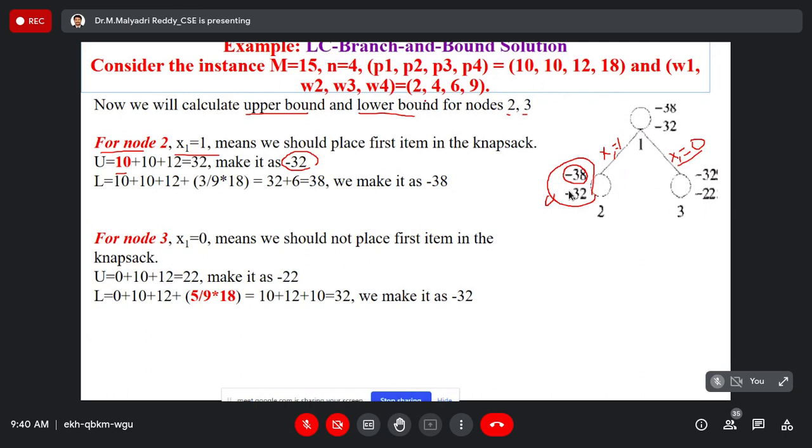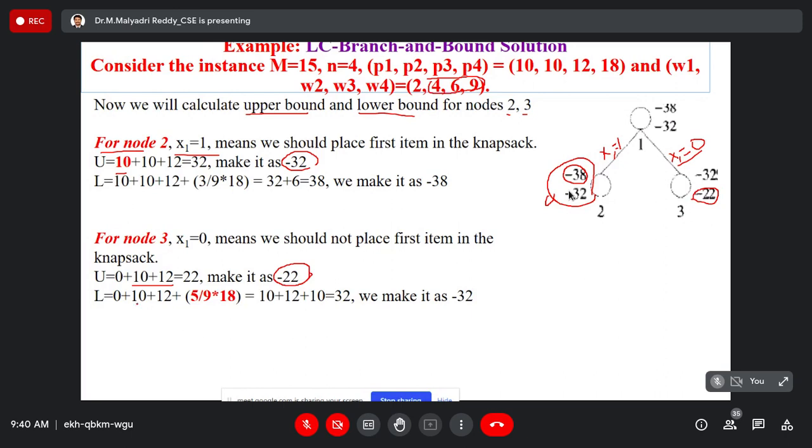The third object is not possible to include, because 4 plus 6 plus 9 is equal to 19, which exceeds the limit. That is why only the first object is not included, and the remaining cost is 10 plus 12 is equal to 22. So the upper bound value is minus 22.